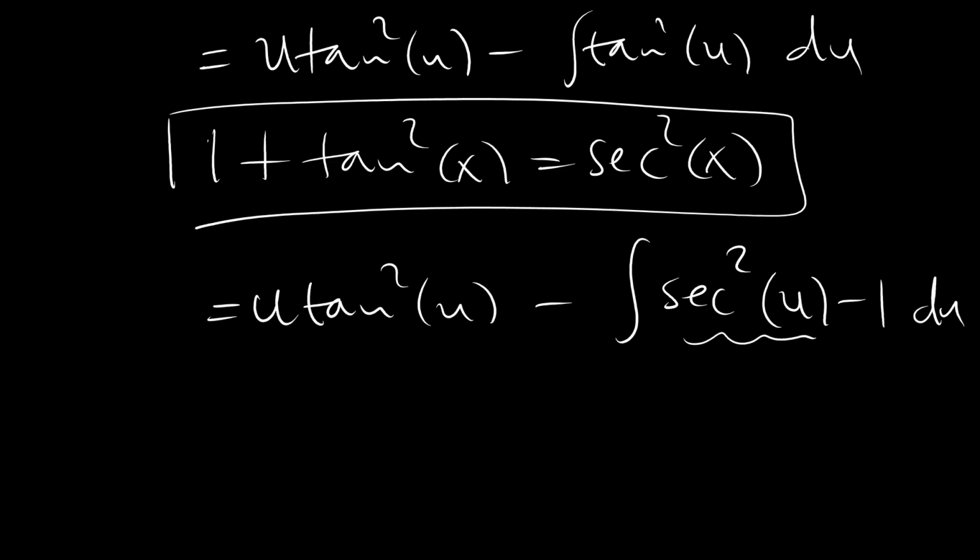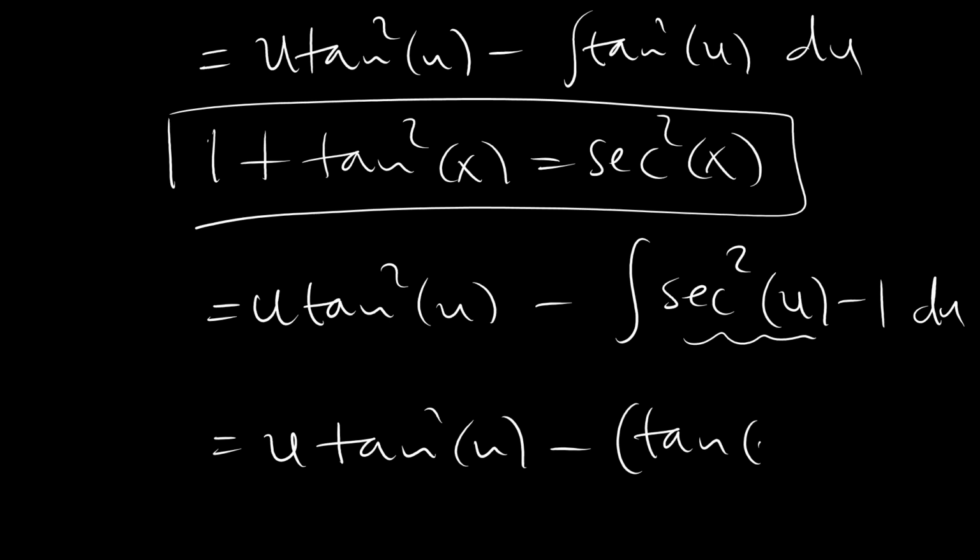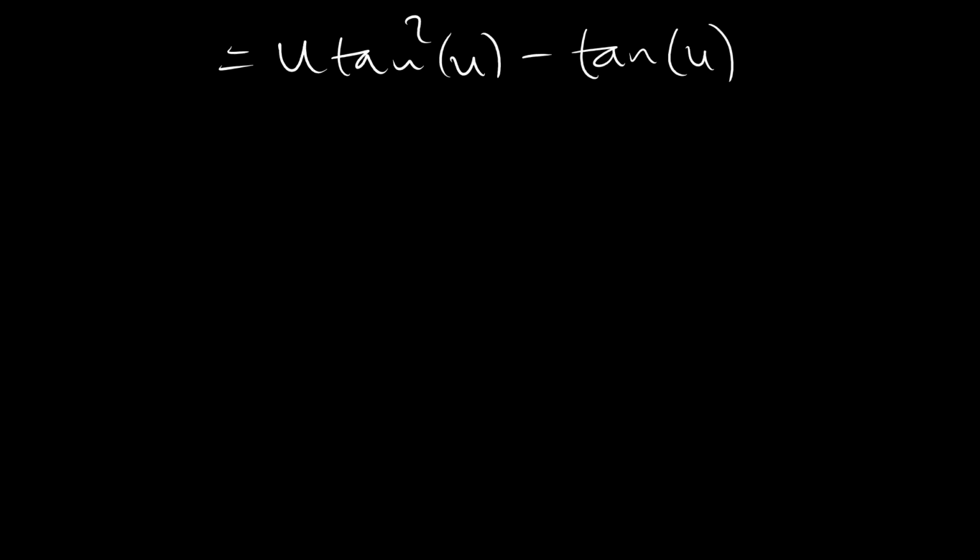And here, this is a famous integral. The integral of secant squared is tangent of u, so we have u tan squared of u minus tangent of u minus u integrated. 1 integrated is u plus the integration constant. So we've integrated our problem to tangent of u plus u plus the integration constant.